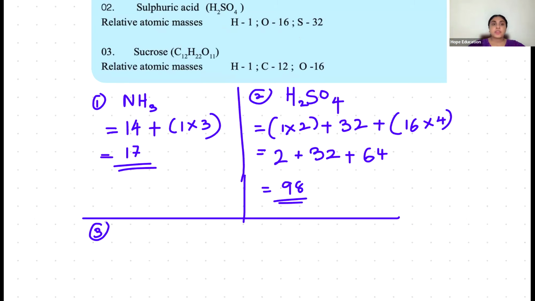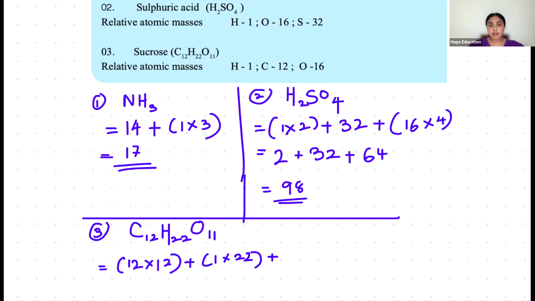Okay. Sucrose is C12H22O11. The relative atomic mass of 1 carbon is 12. There are 12 such carbon atoms, so 12 multiplied by 12. Plus the relative atomic mass of 1 hydrogen atom is 1. There are 22 such atoms, so multiplied by 22. Plus the relative atomic mass of oxygen is 16. There are 11 such atoms, so 16 times 11.